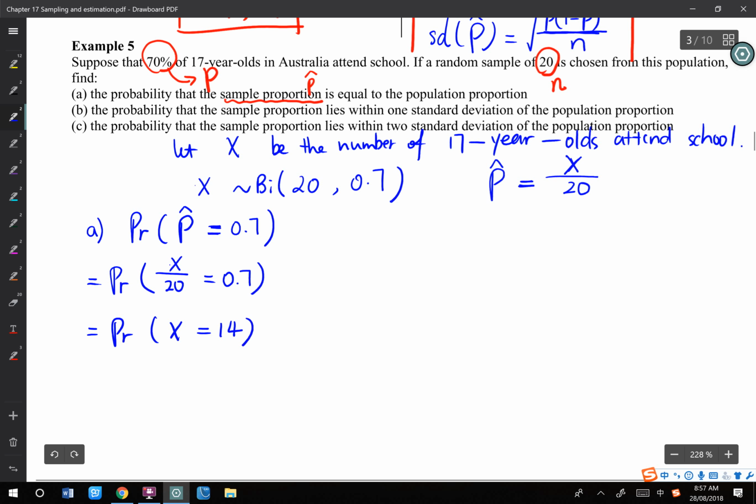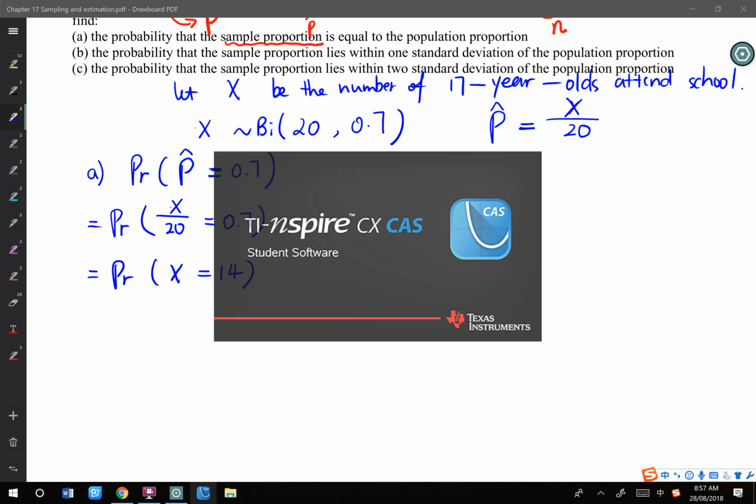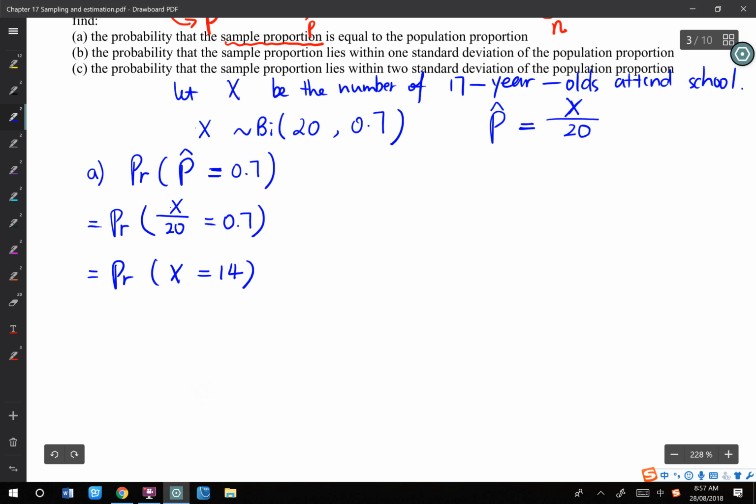There needs to be 14 people attending school in that sample, then you will achieve a sample proportion of 0.7. What I have done is times 20 on both sides. X equals 14. So I need exactly 14 people attending school in the 20 sample, and I will have a sample proportion of 0.7.